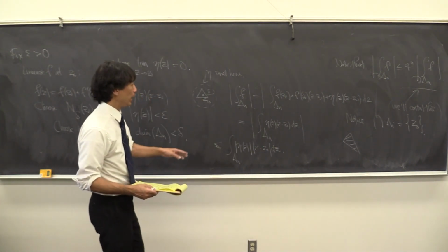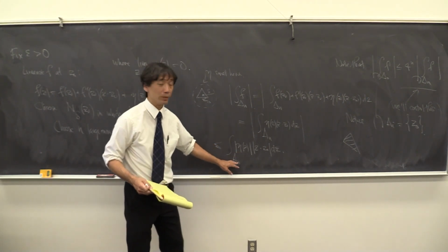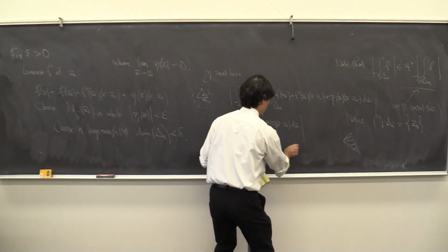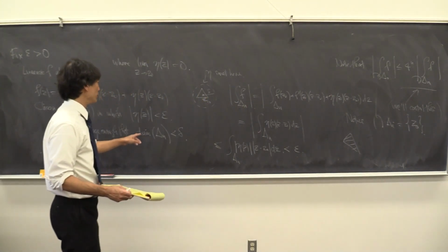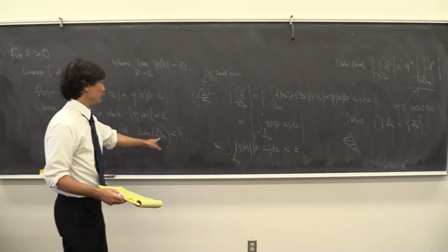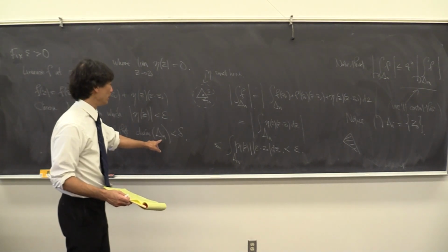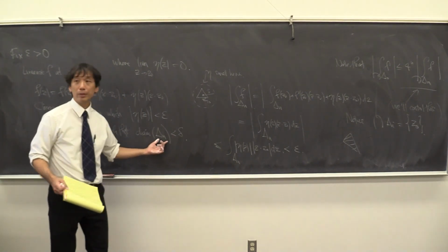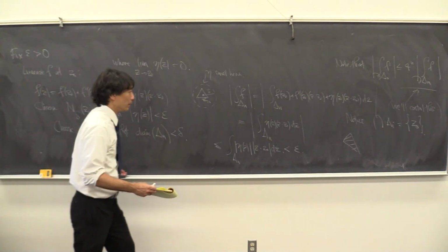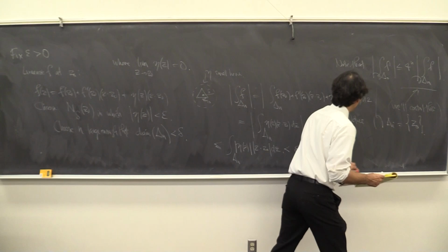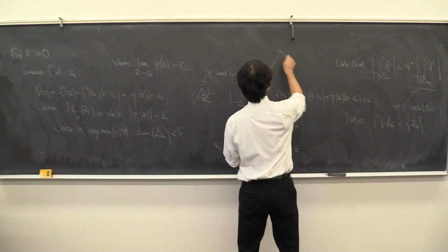Right? But eta, remember, was smaller than epsilon, and so we get this is smaller than epsilon. Now z minus z naught is smaller than the diameter of the triangle.